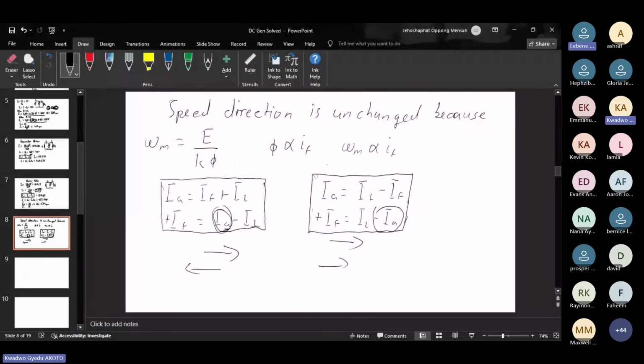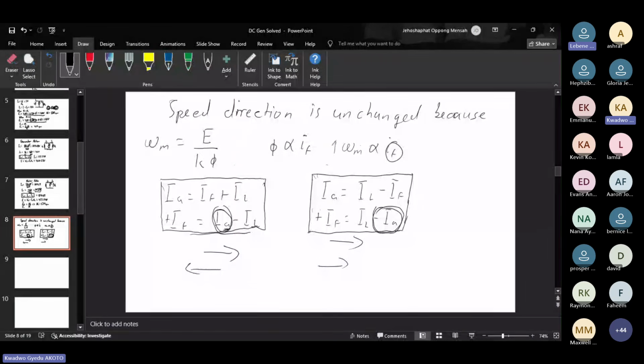So with the relations we have here, we realize that for both cases we are going to have a positive IF. So if we have a positive IF, then both IFs travel in the same direction. So simply put, speed will also have the same direction.